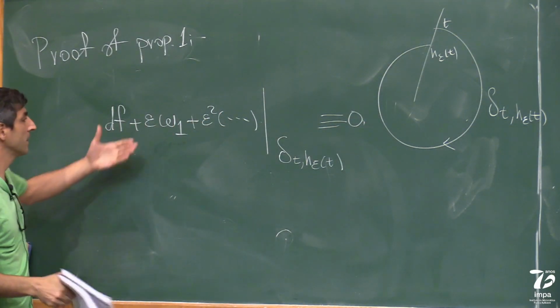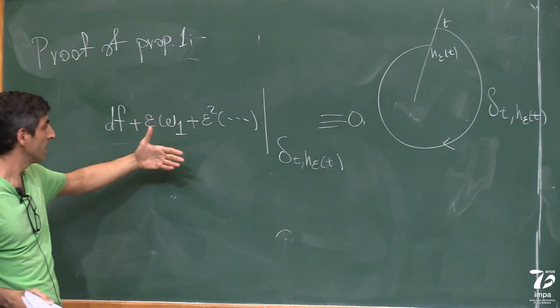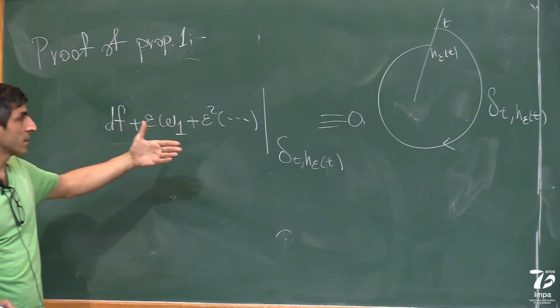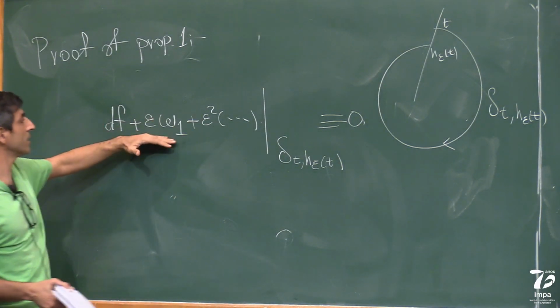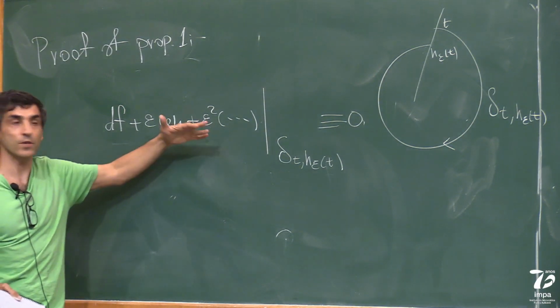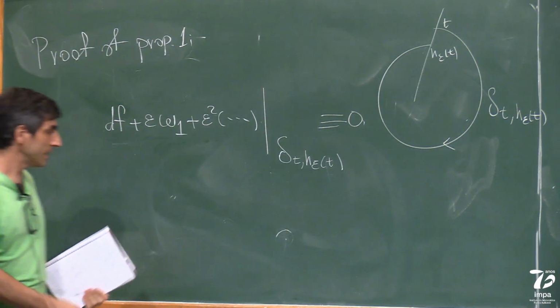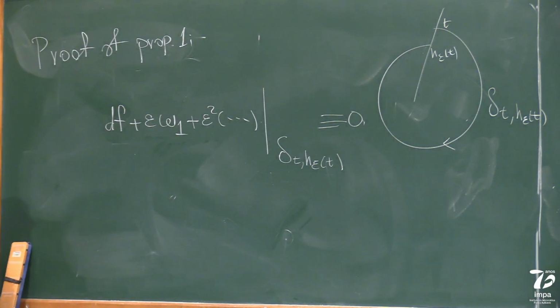So the leaves of the foliation are one-dimensional curves which glue to each other, and their main property is that they are tangent to the kernel of this differential form.